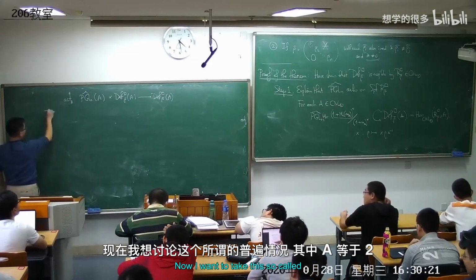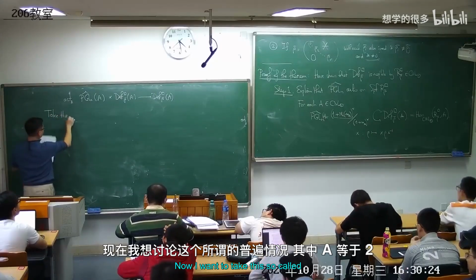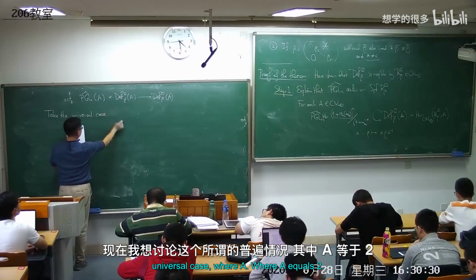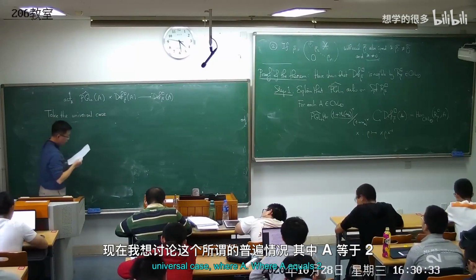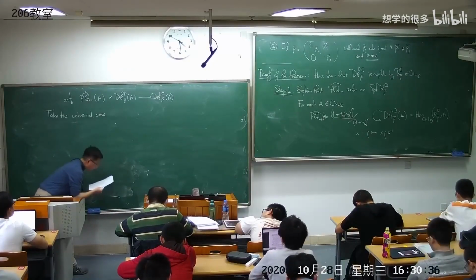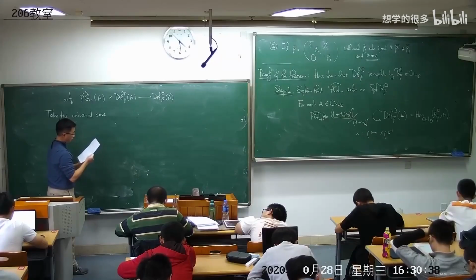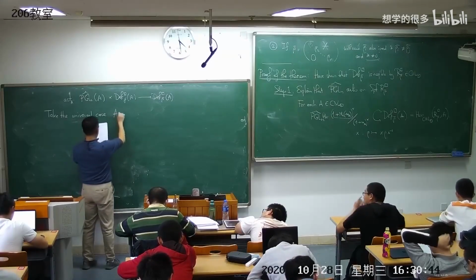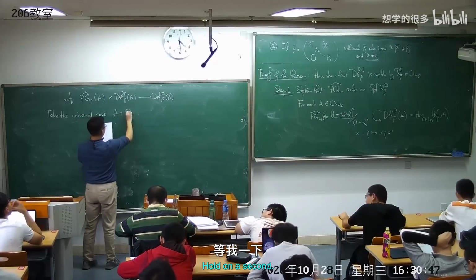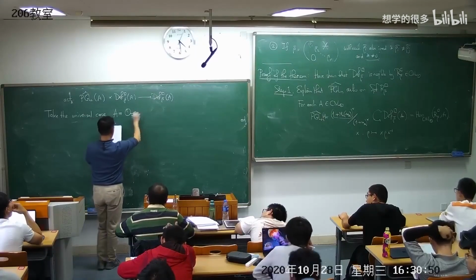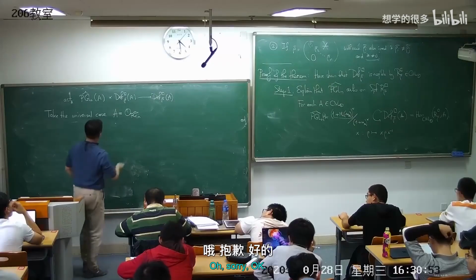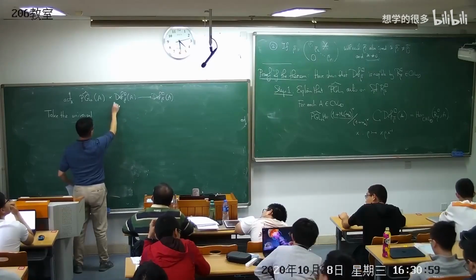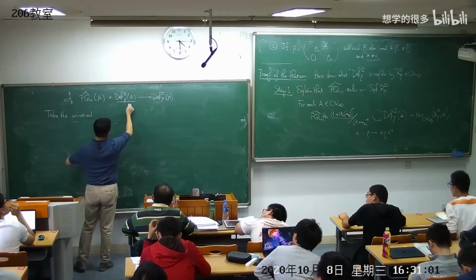Now I want to take the so-called universal case. Where A equals, hold on a sec. Let's see. Sorry. Okay, so I have this, right? But then I can multiply these, or I can think of this.